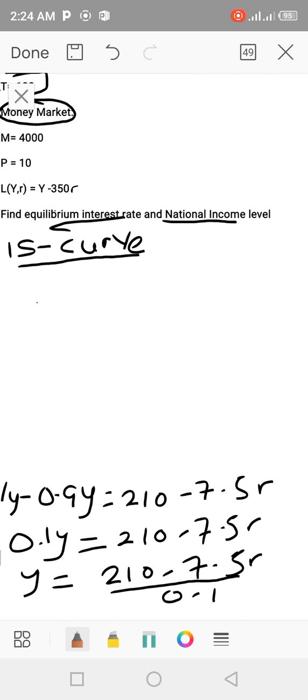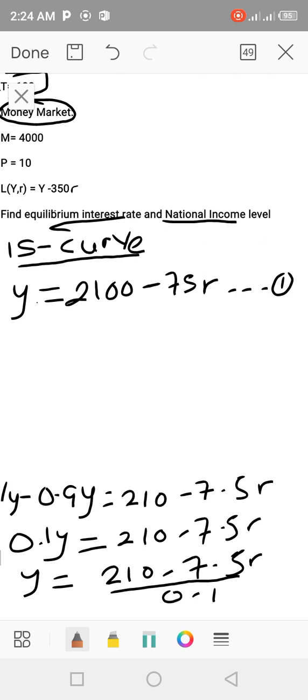So here we have Y equals 2,100 minus, then you do the same to 7.5. 7.5 divided by 0.1 is 75R. So that is equation 1, which is the IS curve.